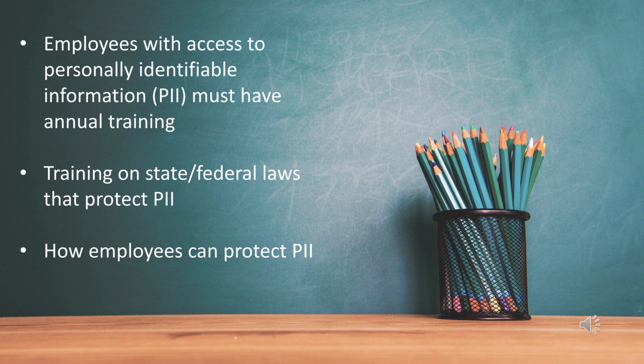Include general security awareness, such as phishing, ransomware, passwords, and training on the educational agency's policies. Consider developing targeted training based on specific user roles and areas of risk within the educational agency.